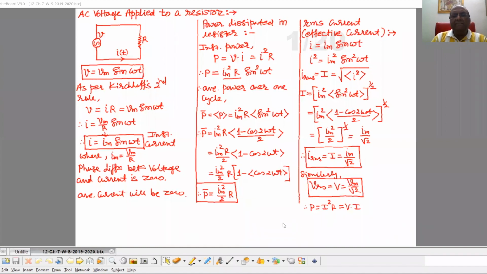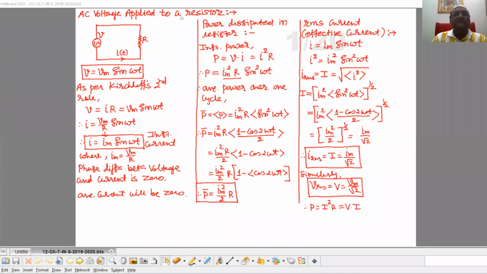Now see here, Im square by 2 is, sorry, Im by root 2 squared, and Im by root 2 is our current I. So this is our I square. So now we can represent power as capital I square into R, or simply V into I.